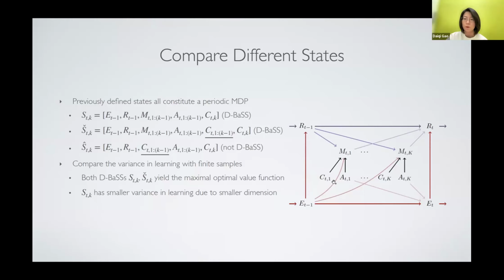Because in this example, we know that given other variables in S check, the previous context C is independent of the future rewards. So in the true optimal policy, the coefficients for this context C are actually 0. Then when we have finite samples, it's not sample efficient to learn these 0 coefficients if we already know the conditional independency implied by the DAG.